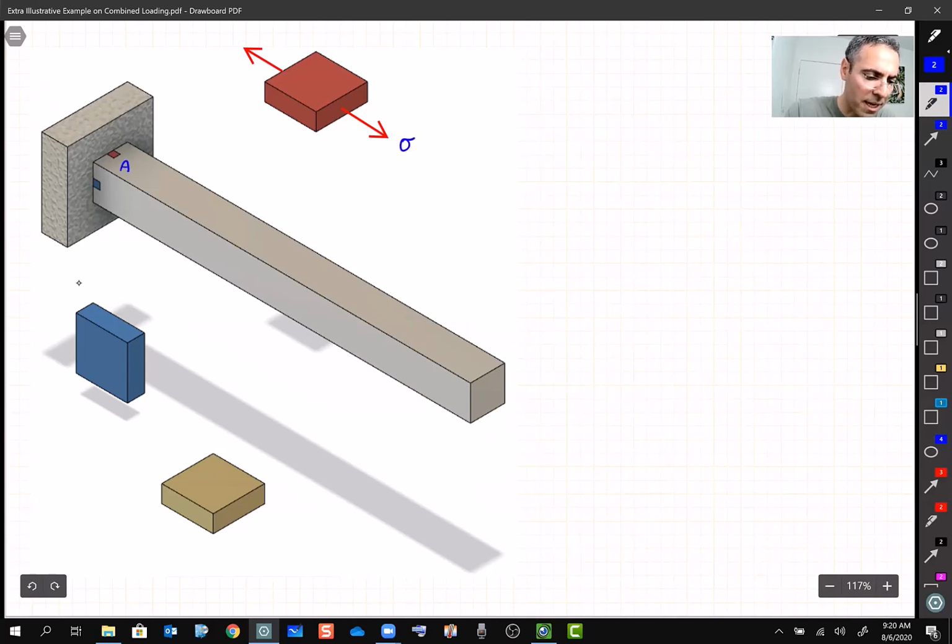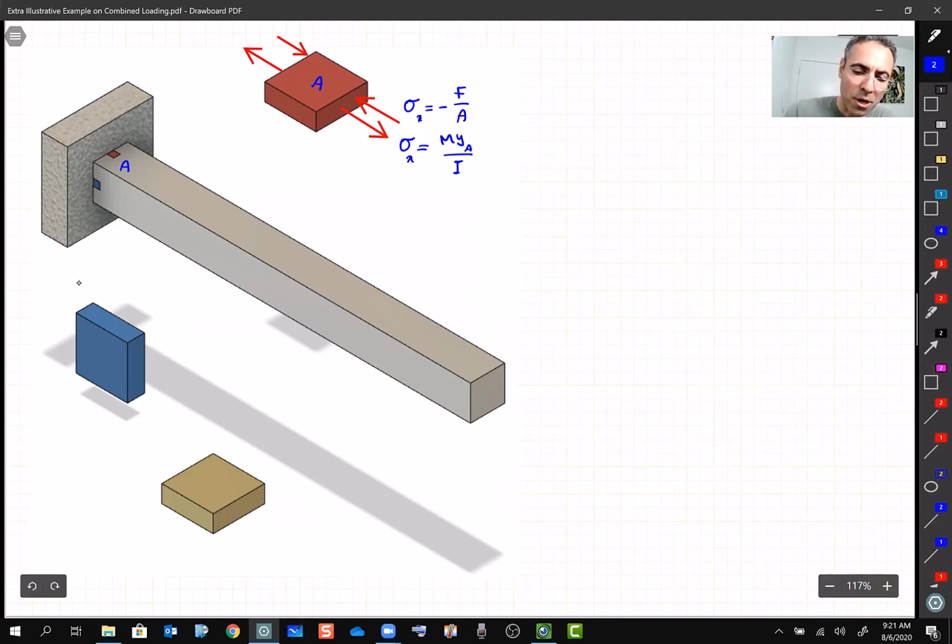So this is point A, and I'm going to have a tension which is My_A divided by I, which we just calculated. And also I'm going to have compression which comes from the other thing that we just saw. This one is also sigma x, and it is minus F divided by A.